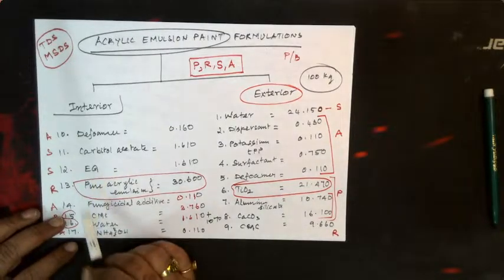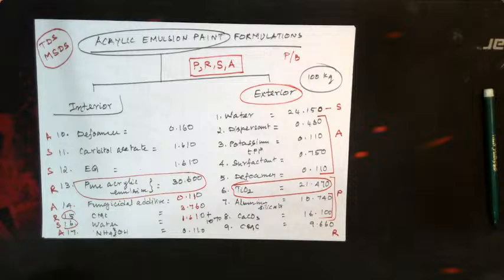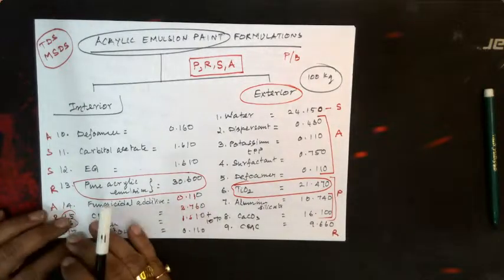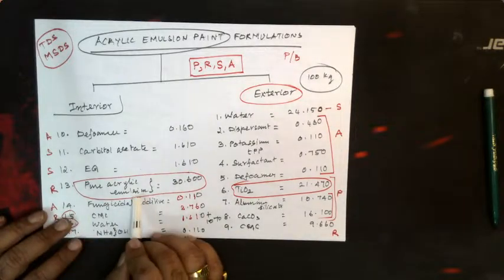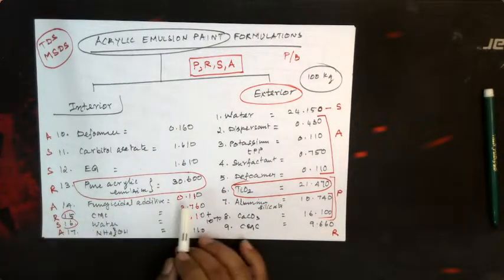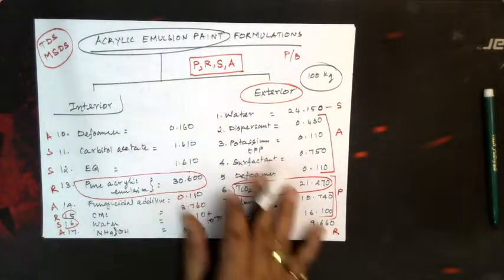EG means ethylene glycol. Then you may require the main hero of this acrylic emulsion paint, that is pure acrylic emulsion resin. This decides the entire quality of the paint also.